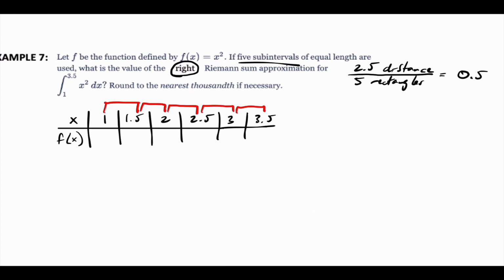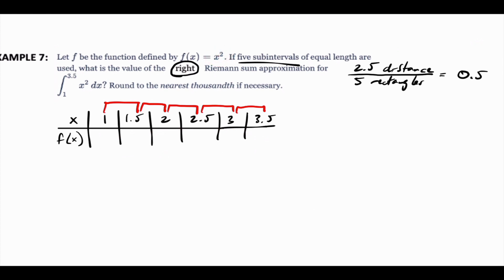So before we start calculating, or before we start adding numbers up, finding area, we need to find how tall they are. So how do I figure out these guys? Use the equation, right? The equation is just x squared.